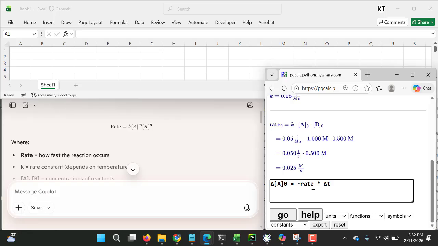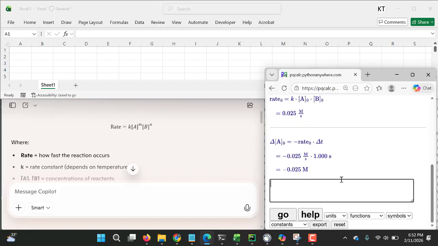And for that, I need the rate at time 0 times delta t. Delta t will always be 1 second in our simulation. Okay. Let's plug this in, and not so surprisingly, we get that the concentration changes by minus 0.025 molar in 1 second. And you can see it's negative. That's good because it's a reactant, and we expect reactants to go away.